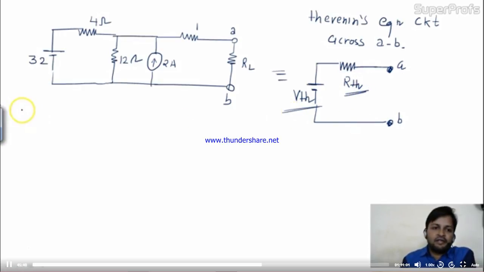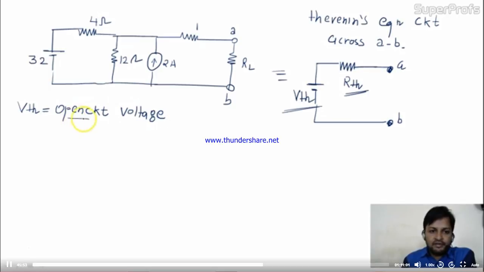Now according to the definition, the VTH is nothing but the open circuit voltage. Remember, in the statement we have seen open circuit voltage. To calculate this VTH, we'll open A and B, meaning we'll remove this load. A and B are now open. The entire circuit will be as it is.